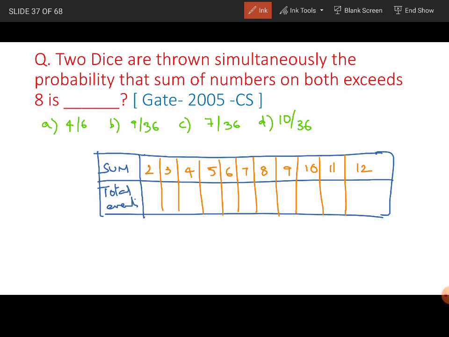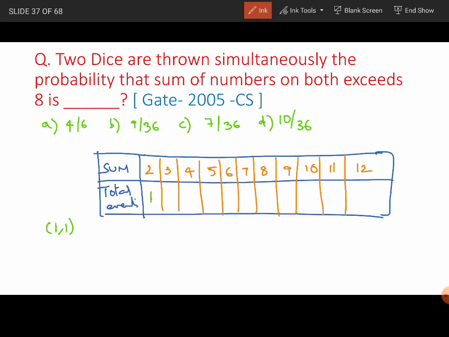Now how many total events? So for example, take 2. How many total events? Only 1 and 1. Other than this event, no other event will give you 2 as the sum. So how many events? 1.